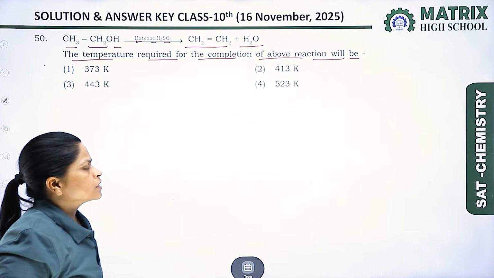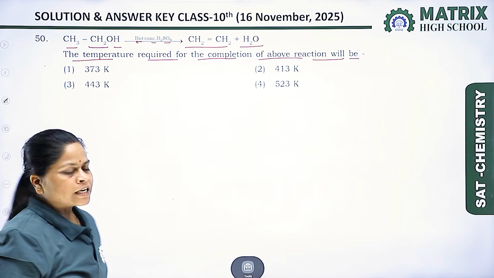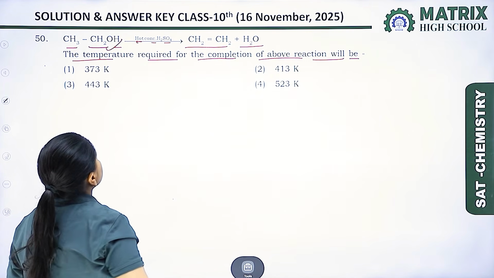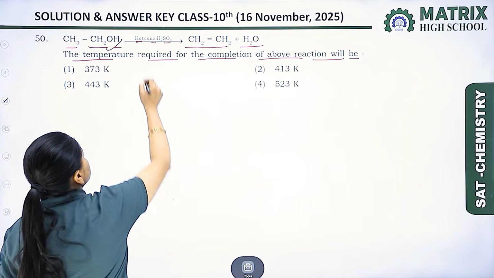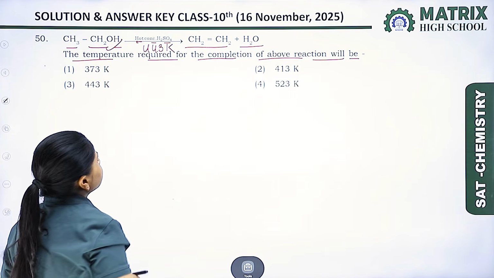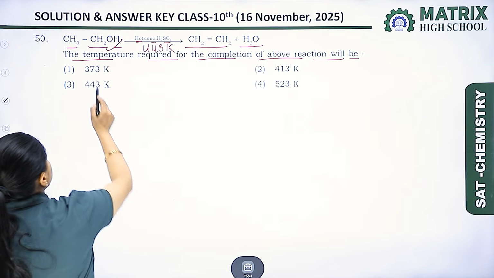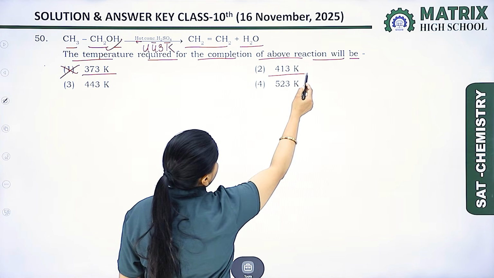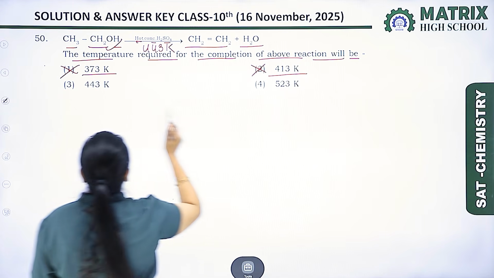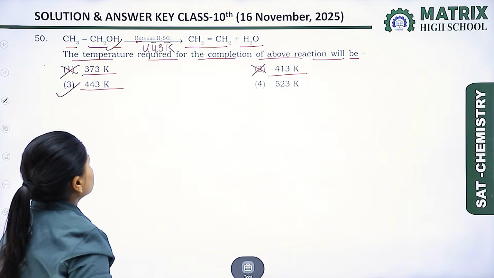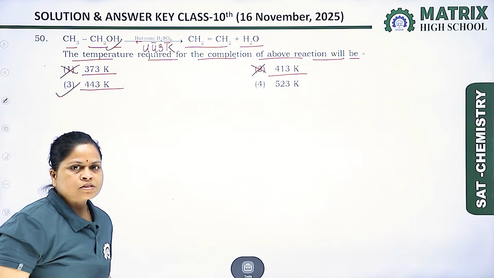In this reaction, we see that elimination occurs from ethanol, and this reaction is done at 443 Kelvin temperature. So the first option, 373, is incorrect. Second, 413, again incorrect. Third, 443 Kelvin, yes, this is the correct option for this question.